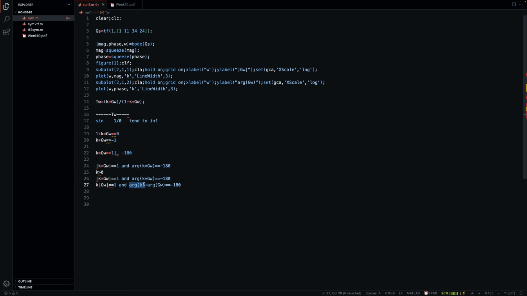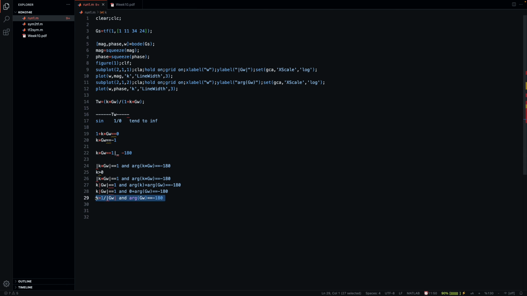Now I know that k is a positive number. If it's negative, I'm going to place negative 180 degrees, but if it's positive, it will have argument 0. Therefore, I did get rid of that. This is going to be one equation, and I can also state that k is going to be 1 divided by the magnitude of g omega.